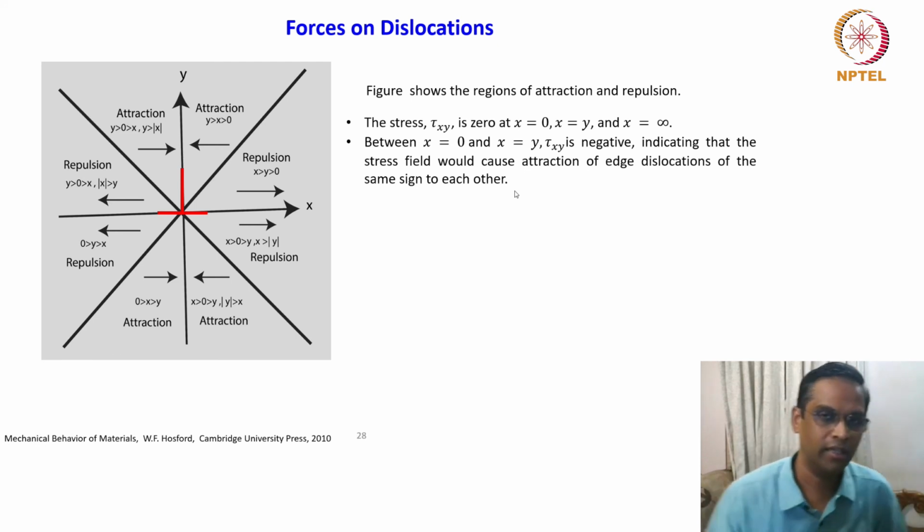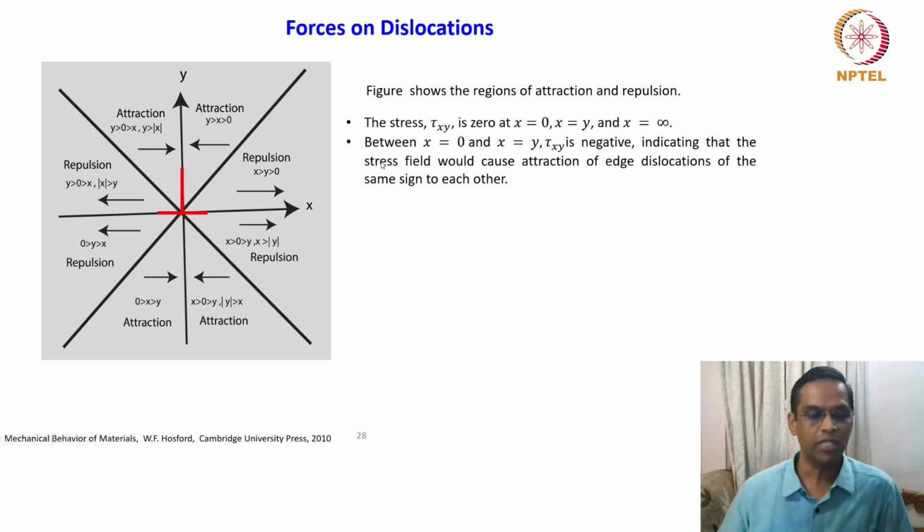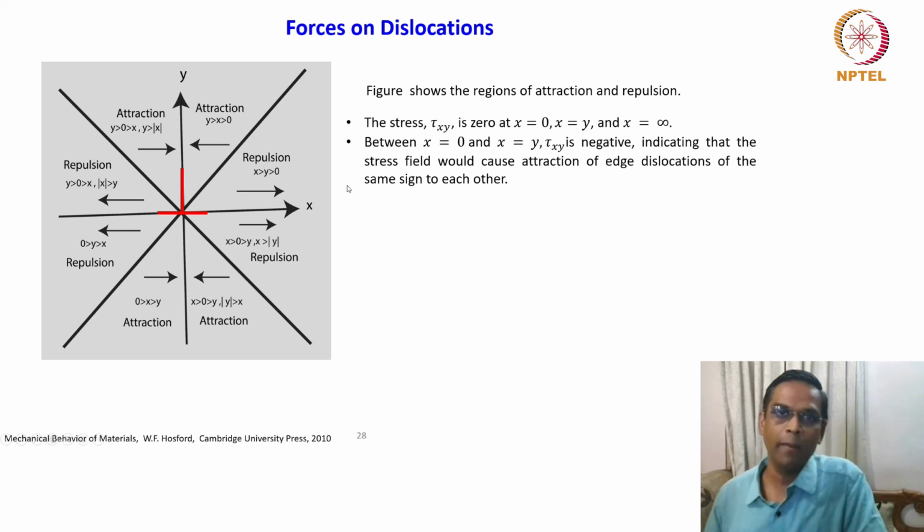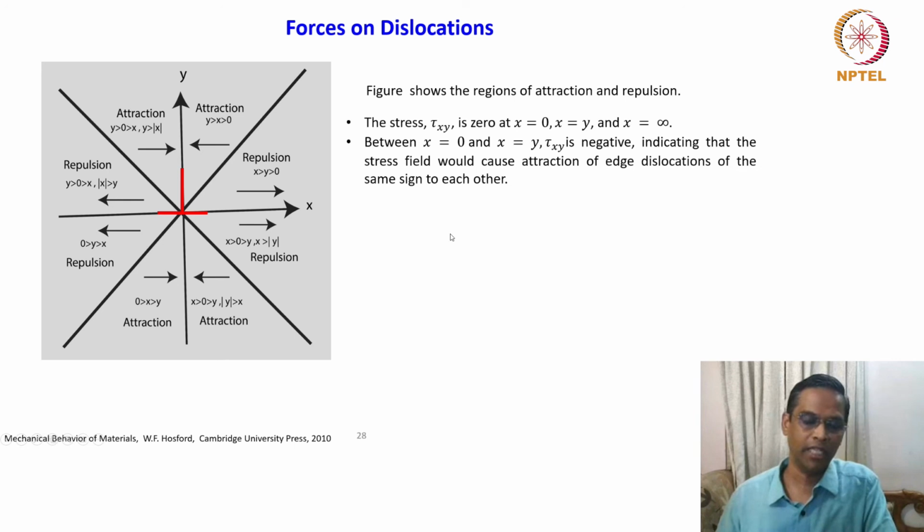It could be dislocation interaction here, but the same stress field also acts on a second phase particle, not necessarily a dislocation. Here we are giving a dislocation description, but later you will see that this stress field will also be useful in explaining how it interacts with the second phase particle.